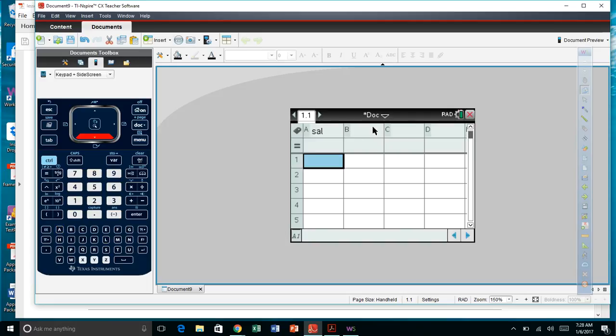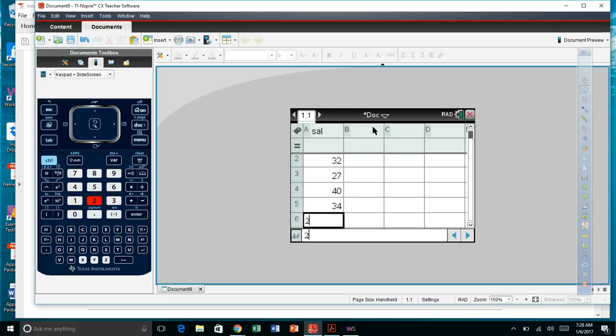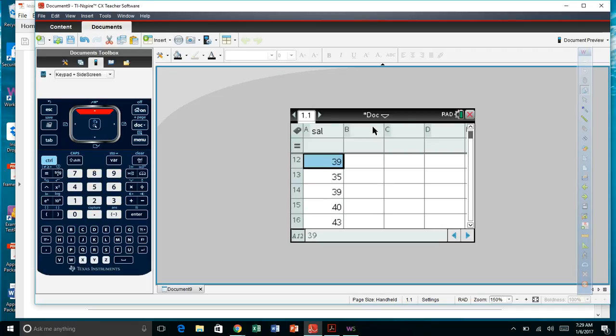All right, so we've got 40, 32, 27, 40, 34, 25, 37, 39, 40, 37, 28, 39, 35, 39. Oh, I put 399. 39, 40, 43, 30, 35. 18 salaries. That looks pretty good.